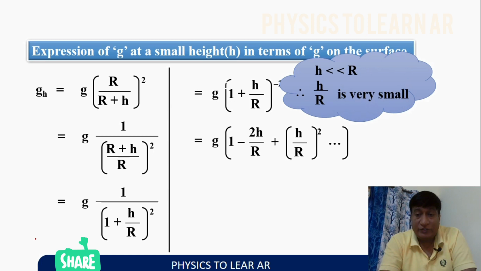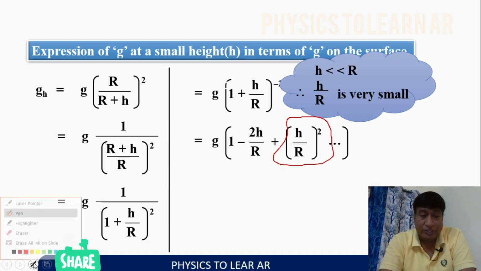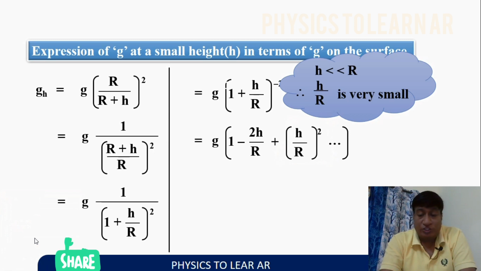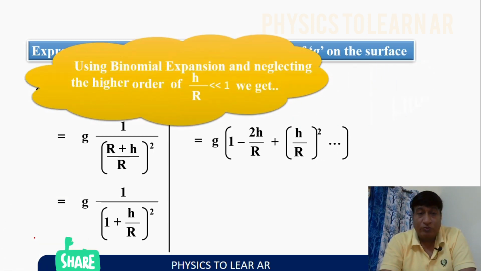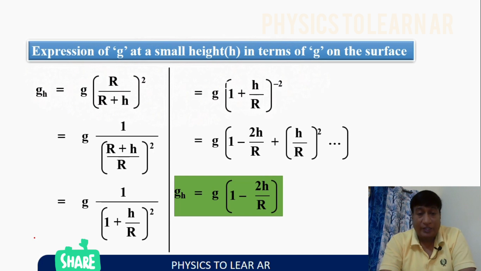If h by R is very small, we can neglect this term, the (h by R) square also. If we neglect this, finally we can get g_h is equal to g into (1 minus 2h by R).